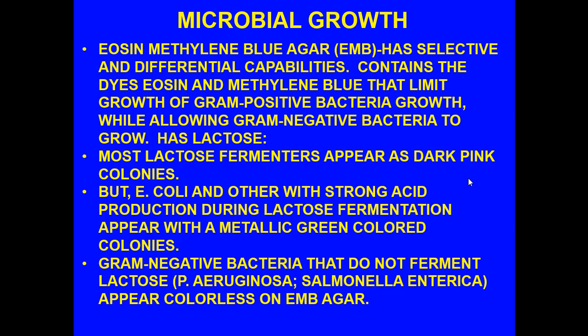But let's say you had E. coli or some other bacteria with a strong acid production during the lactose fermentation. This is going to appear with metallic green colored colonies. Isn't that cool? Wow. Now, gram-negative bacteria that do not ferment lactose, such as Pseudomonas aeruginosa or Salmonella enterica, will appear colorless on EMB agar.